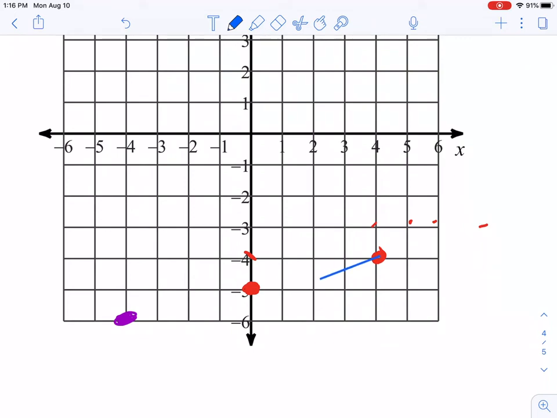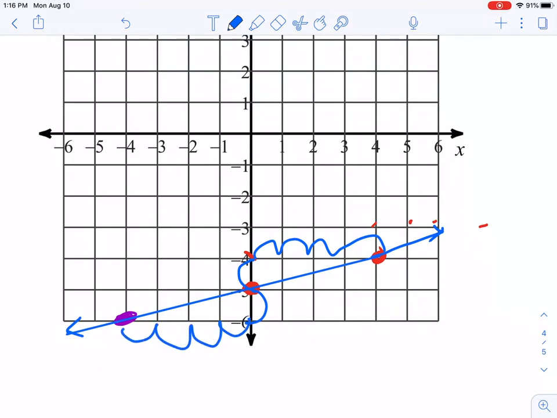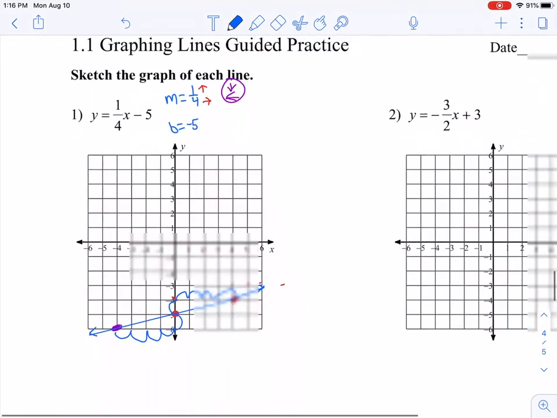See if I had a line there, see how that point goes through my line? So I can either count up and right, or I can do the exact opposite and go down and left and end up at the same line.